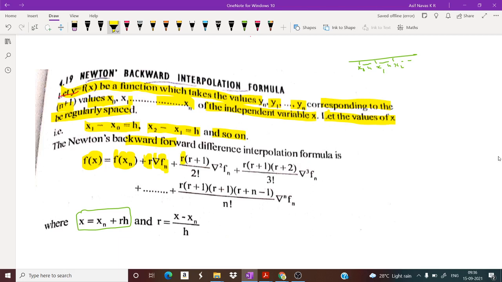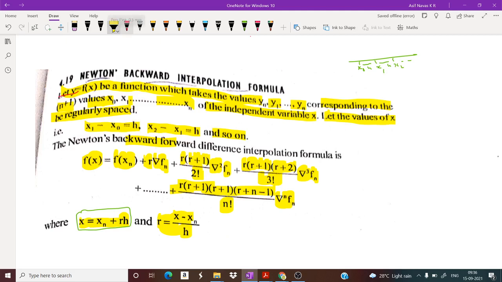Then r into r plus 1 by 2 factorial nabla square fn, r into r plus 1 into r plus 2 divided by 3 factorial into nabla cube fn, etc., up to r into r plus 1 into etc., r plus n minus 1 divided by n factorial nabla raised to n fn, where x is equal to xn plus rh and r is equal to x minus xn by h.